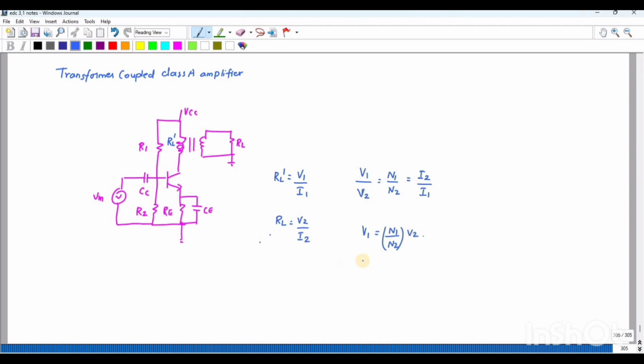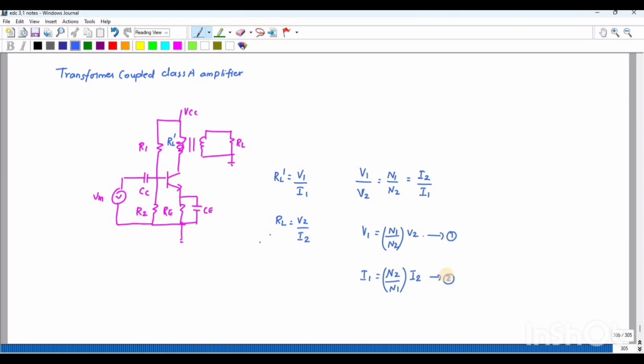In a similar way, I can write I1 is equal to N2 by N1 into I2. What we need is the value of V1 by I1. So this is your first equation and this is your second equation.